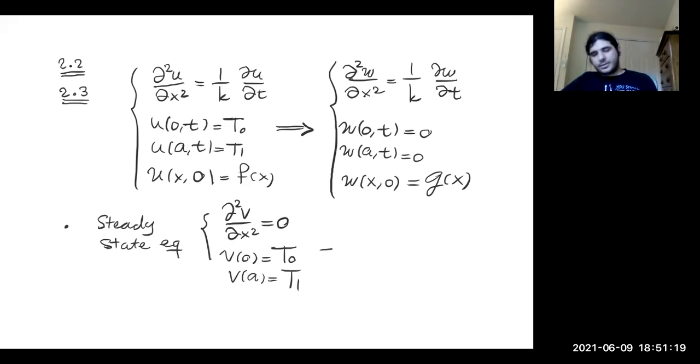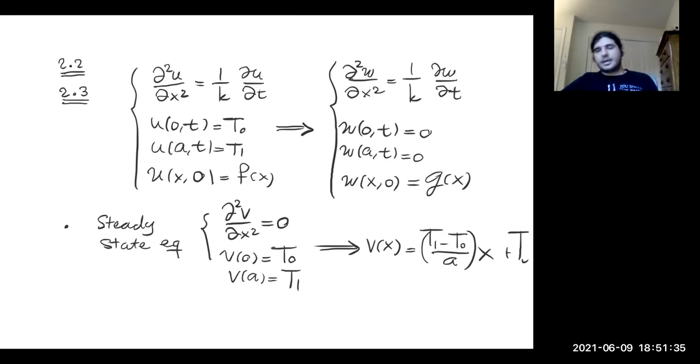We solve that, and we remember V of X is equal to T1 minus T naught over A times X. This was the value of C1 in our formulation, plus constant C naught, which we found is T naught.